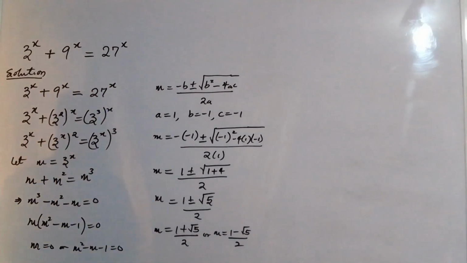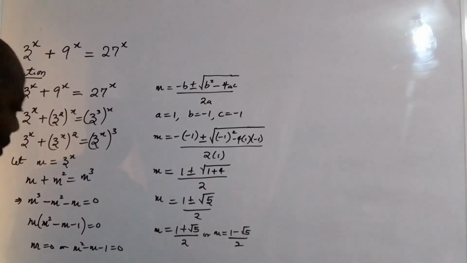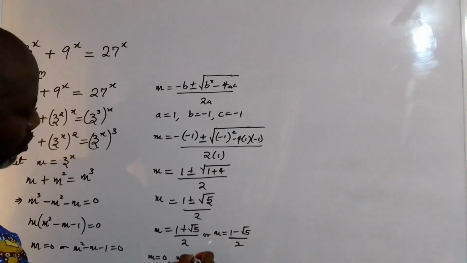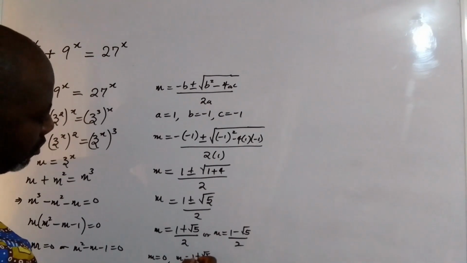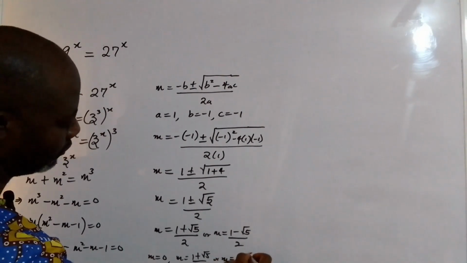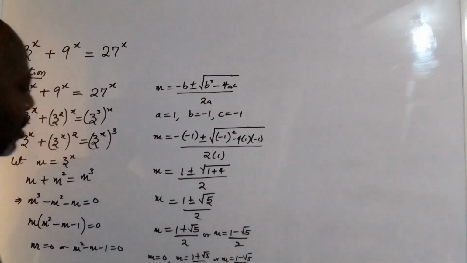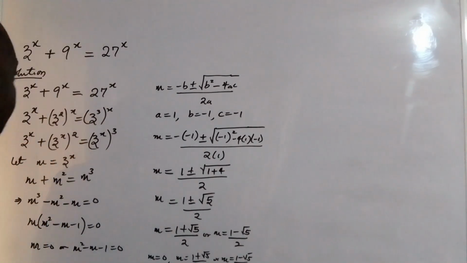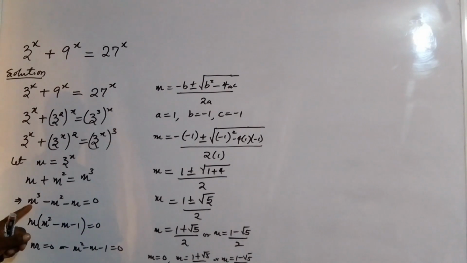Therefore there are three separate values for m: m equal to 0, m equal to 1 plus root 5 over 2, or m equal to 1 minus root 5 over 2. These are the values for m in the equation m cubed minus m squared minus m equal to 0.